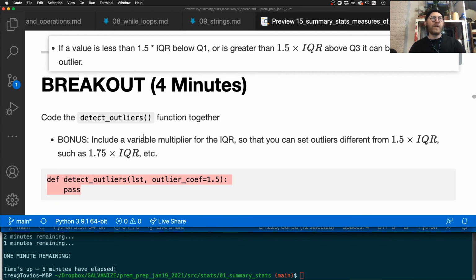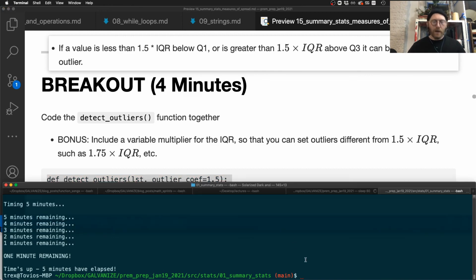So what should this function return? The function should return a list of the outliers. Okay, that's what the function should return, a list of the outliers. All right, so I'm going to put 4 minutes on. Feel free to ask any questions in the Slack.